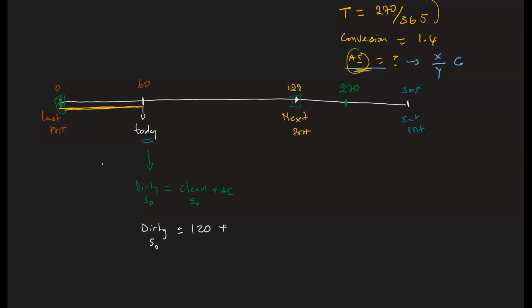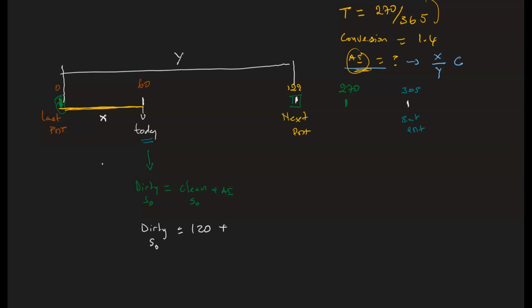And those are the options that we're going to have. So for now, our money market instrument is the actual to 360. So for now, what we need to do is figure out what X and Y are for this dirty spot price. So X is going to be this distance here, that is the number of days within this period, and Y is going to be the number of days between payments, this distance between these two payments.